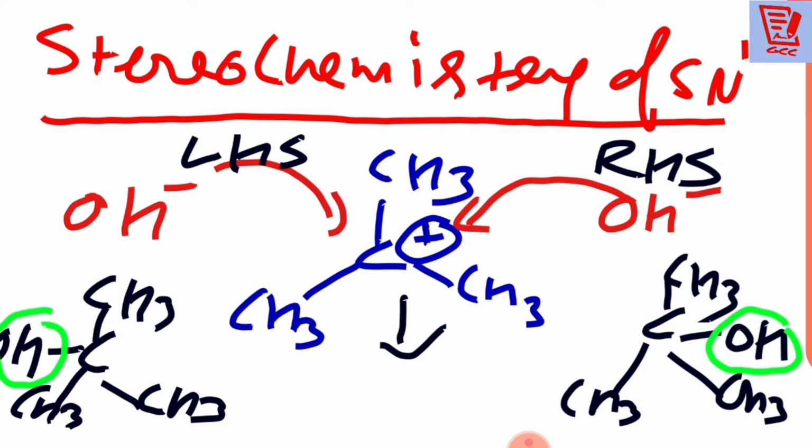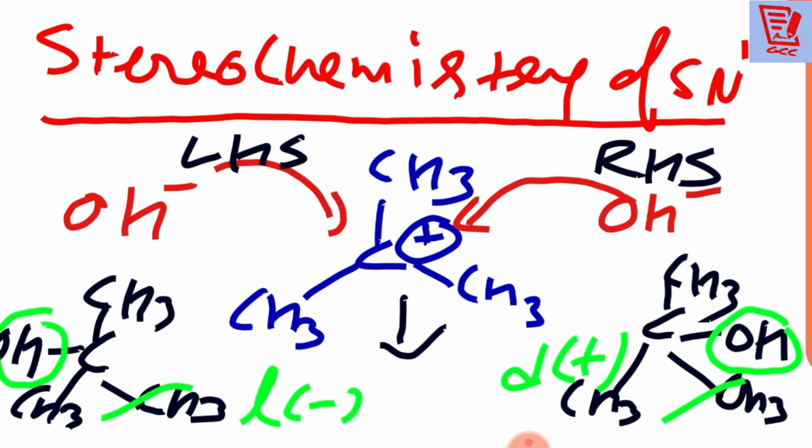But two words are there, one is dextro and one is levo. Dextro is for the right hand side and levo is for the left hand side. So this is the levo product, L negative we can write, and this is the dextro product, D positive. And when we are getting both products, means we are getting levo also and dextro also, we are getting a mixture of dextro and levo in the product.